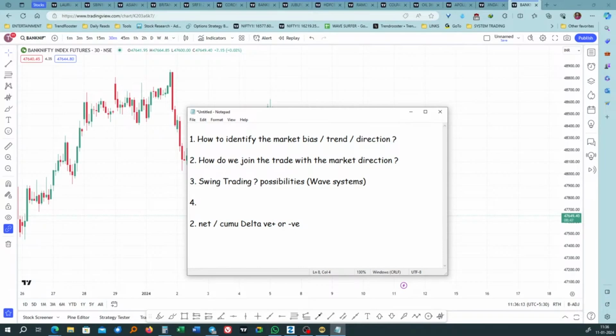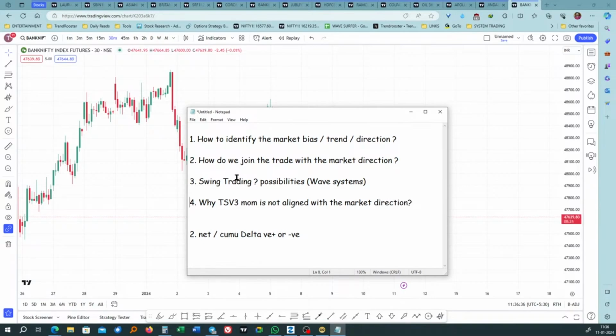And the last question: why is TSV3 mom not aligned with the market direction? This is the latest question that I typically get. Whenever price is going up, why does TSV3 mom suddenly become red?